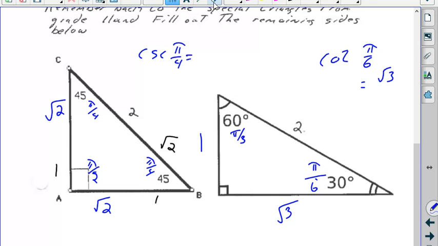Well, cosecant is going to be hypotenuse over opposite, so I could write it 2 over square root 2. But this is one of the reasons why I like having that second set of numbers here. If it's hypotenuse over opposite, it's easier to write it as square root 2. So I'm going back to using my special triangles and adding 3 new trig definitions within them. That way you don't have to memorize all those other things.